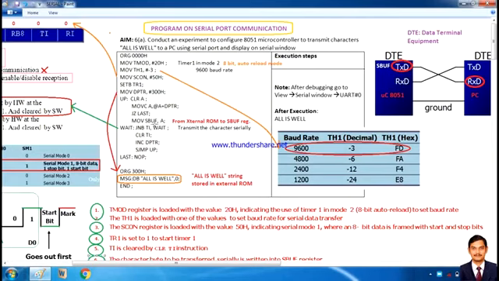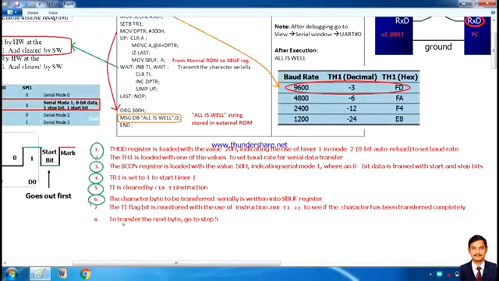How is it taken care of? With the instruction JNB TI, label: the TI flag bit is monitored to see if the character has been transferred completely.